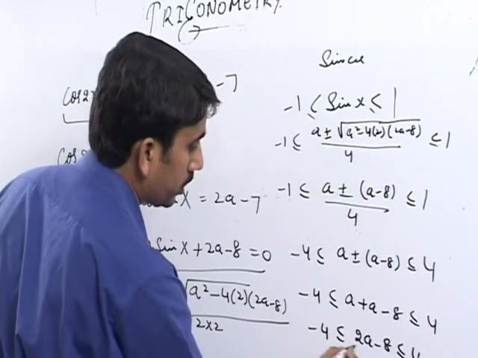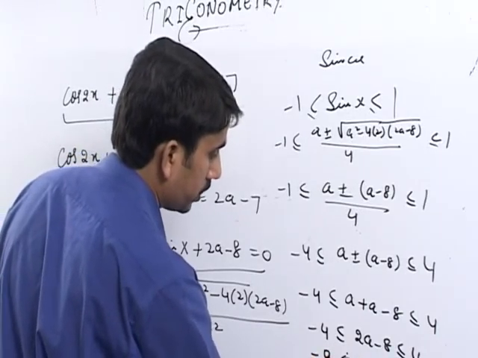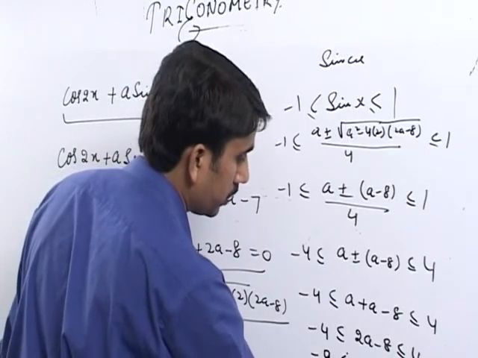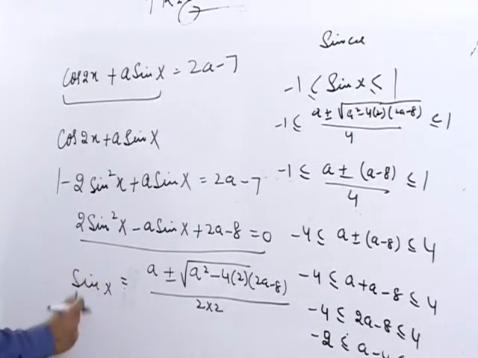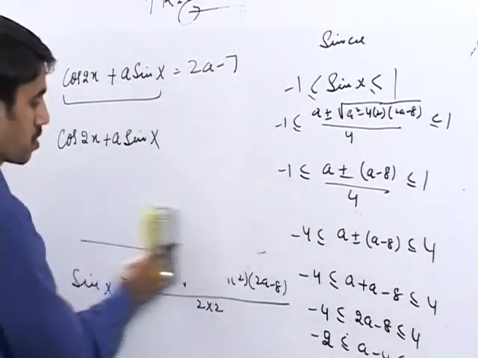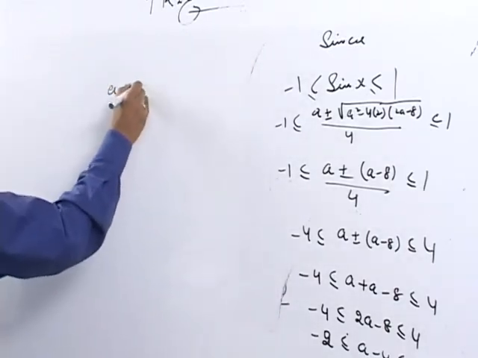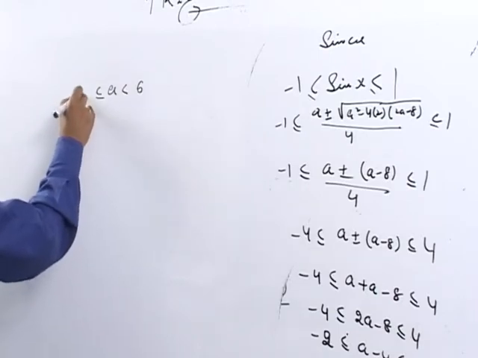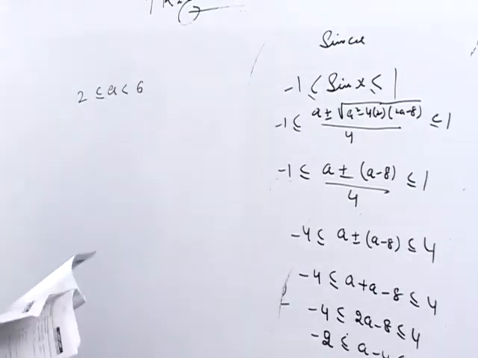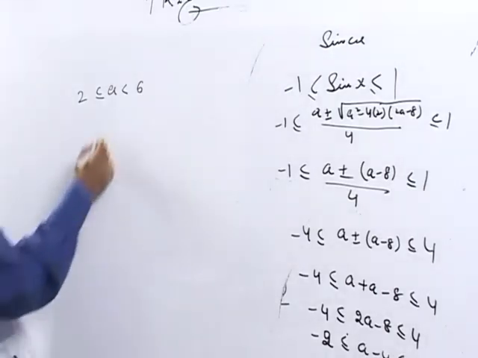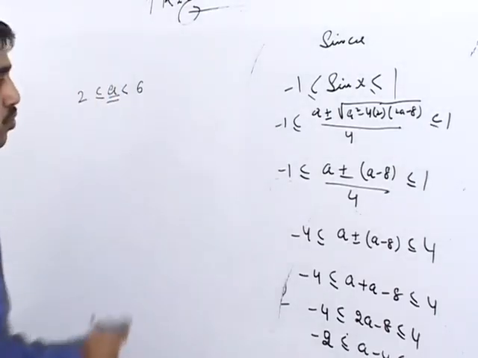And here you will get, dividing by 2, a minus 4 less than or equal to 2. By solving this, you will get a in between 2 and 6. So your answer will be a will lie between 2 to 6.